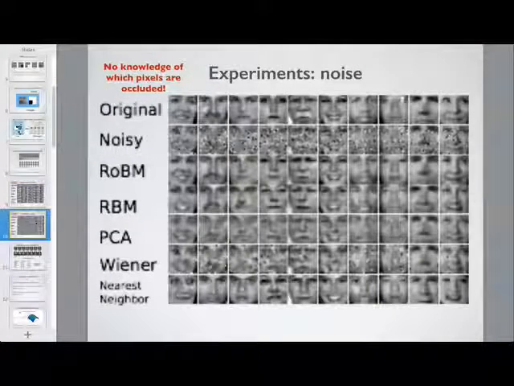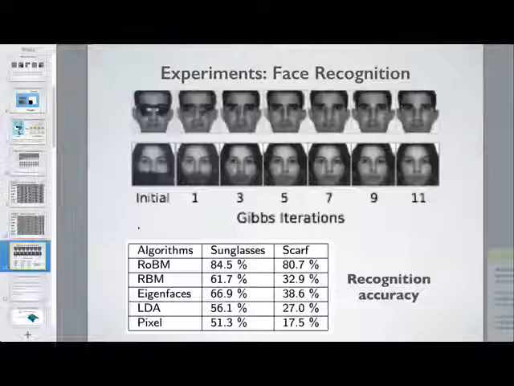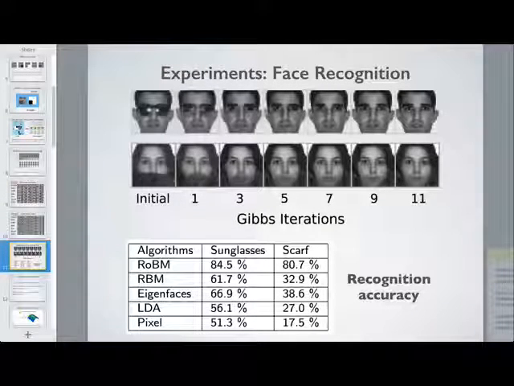Same thing for removing noise. So the original is noisy, and then our model can remove the noise very efficiently. And here's some quantitative data that shows that recognition accuracy improves when you first remove the sunglasses or scarf, and then classify based on the clean image.